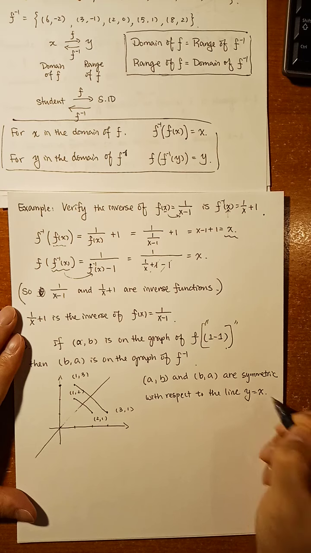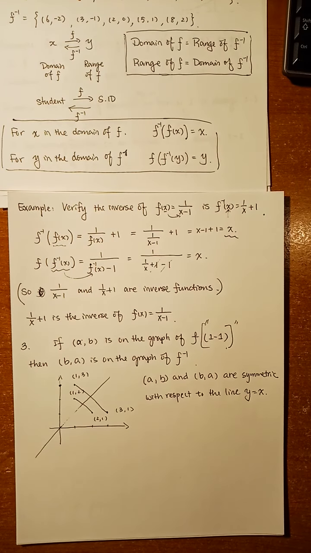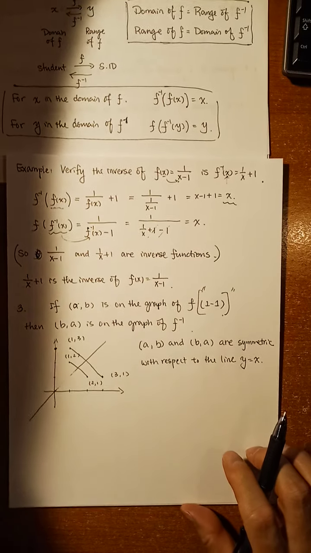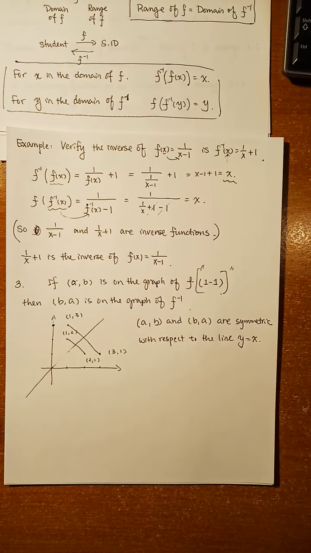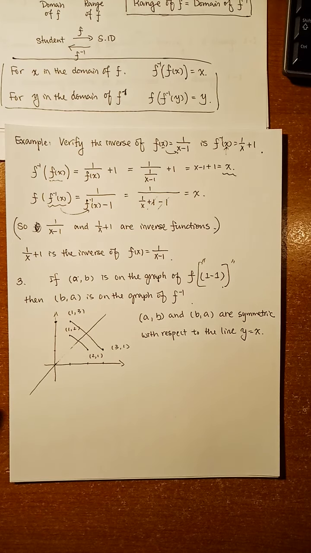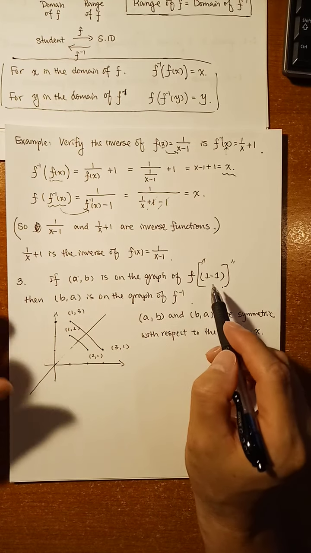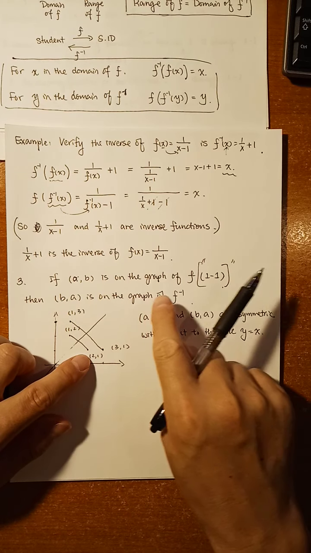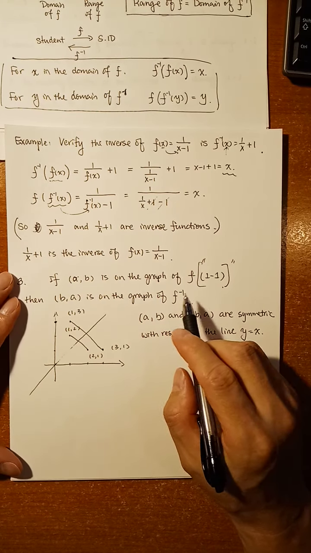What is diagonal? y = x. This is the diagonal. So that is the geometric property about the symmetric pairs (a, b) and (b, a). So for every point on the graph of F, you get the symmetric point (b, a), it will be on the graph of F inverse.